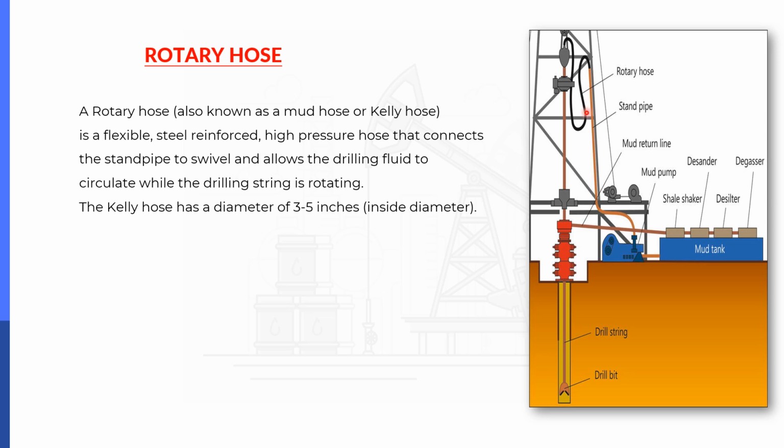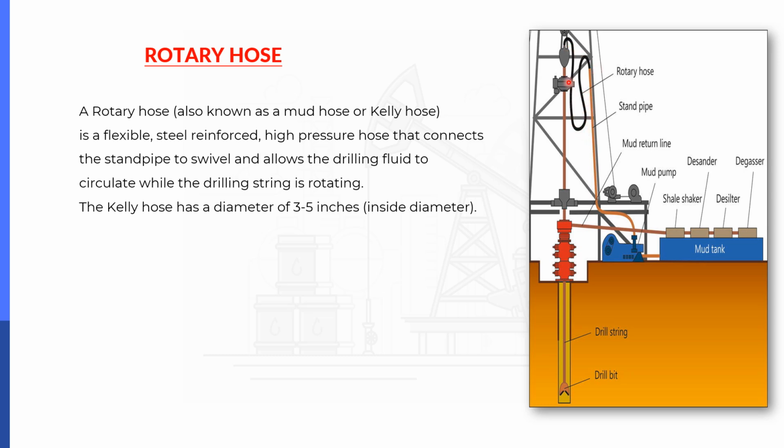Why is it not a rigid pipe? Because when the traveling block goes up and down, the hose also needs to move. If it were a hard metal pipe, it would not be able to move. So it is a flexible hose, but very strong and durable.